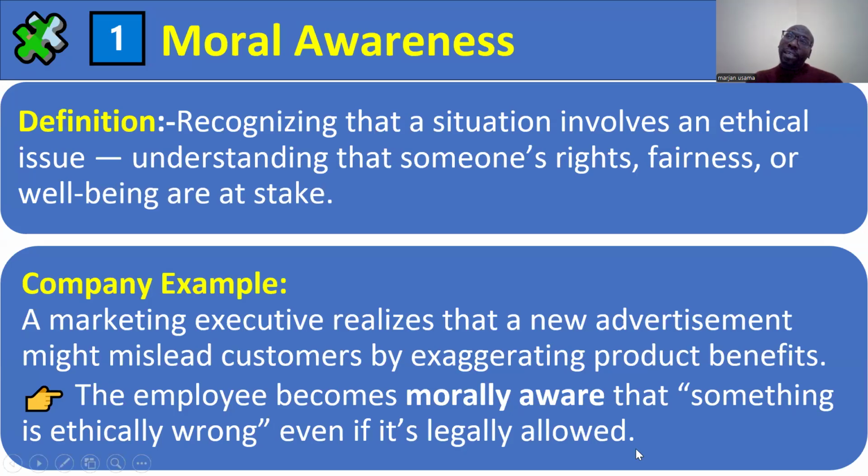It is legal. We can just advertise our product, but it is misleading. Maybe we are saying that this product has 1, 2, and 3, but in real sense, it does not have 1, 2, and 3. It's only having 1. So the first thing is that what you are doing or what you intend to do is not morally right.